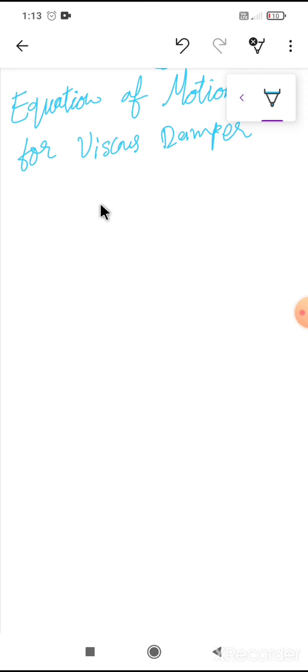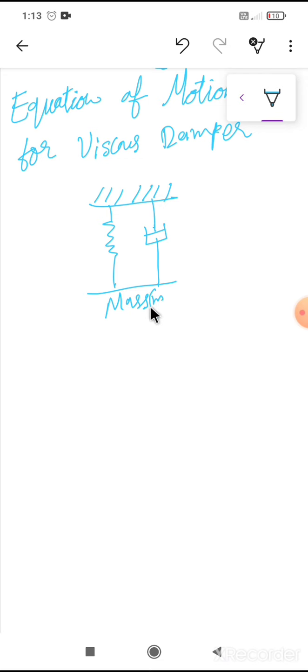So that is a spring, mass, and damper, having spring with stiffness K, damper having damping coefficient C, and mass M.